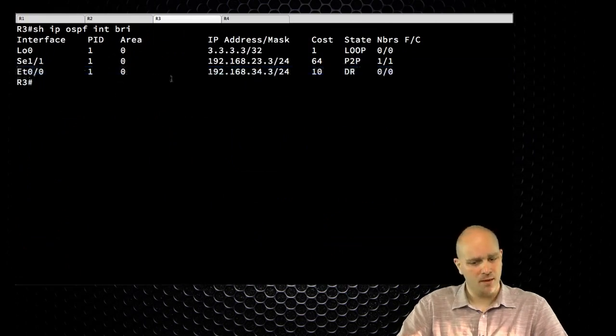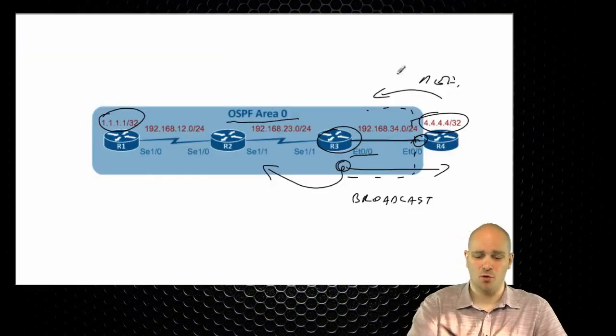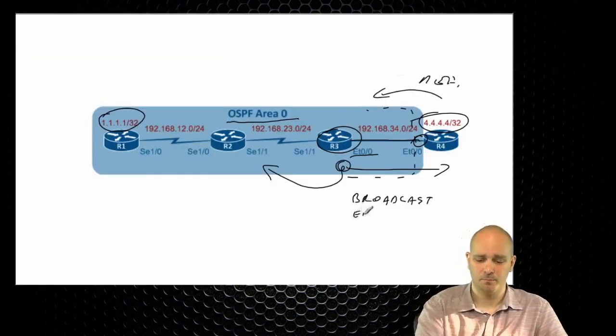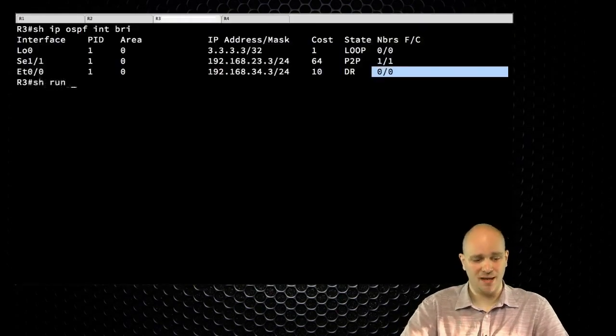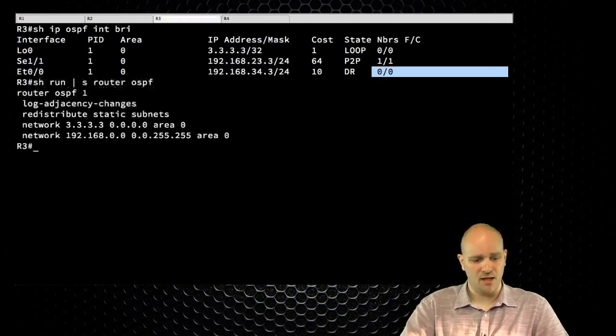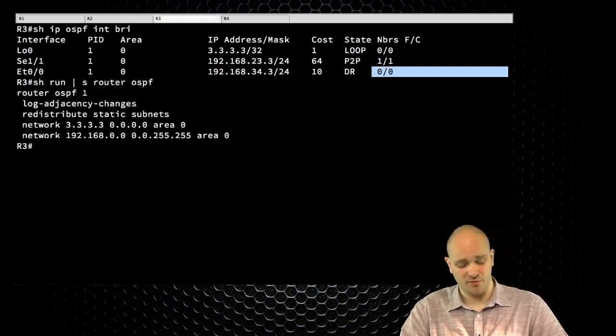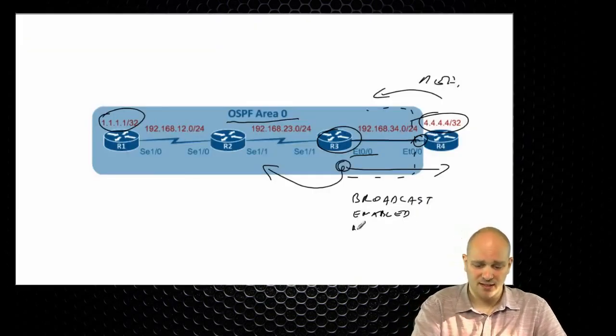Now, mind you, we have 0 neighbors on this interface, but that's irrelevant because OSPF is enabled on this interface, and the interface is not passive. If I take a look at show run | section router ospf, I don't see any definition of the passive interface, which means that this interface here is non-passive.